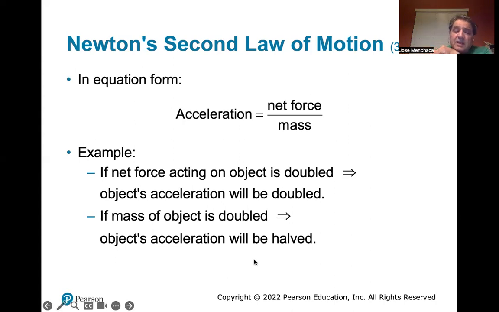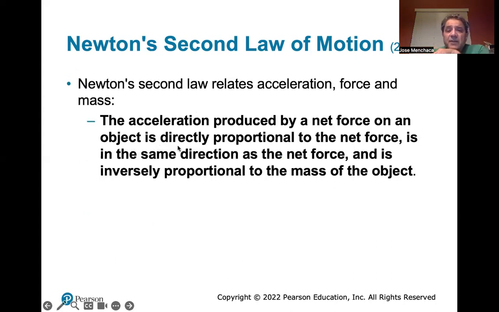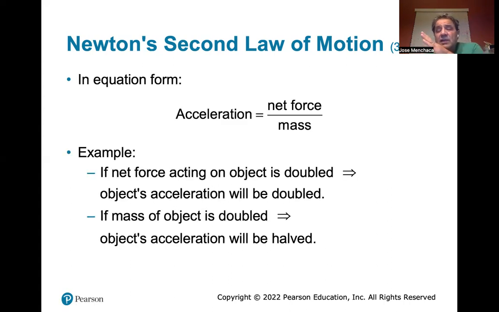So the fact that it's in the same direction as the net force is because the acceleration and the net force are vectors, whereas the mass is just a scalar. A scalar will not change the direction of a vector. It just makes it bigger or smaller. So since it's dividing, if the mass increases, the acceleration decreases.